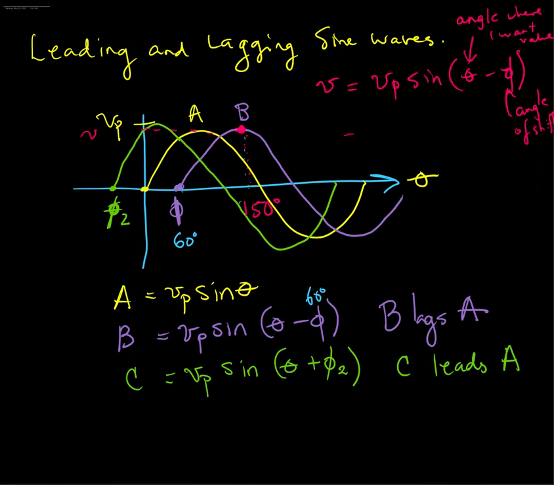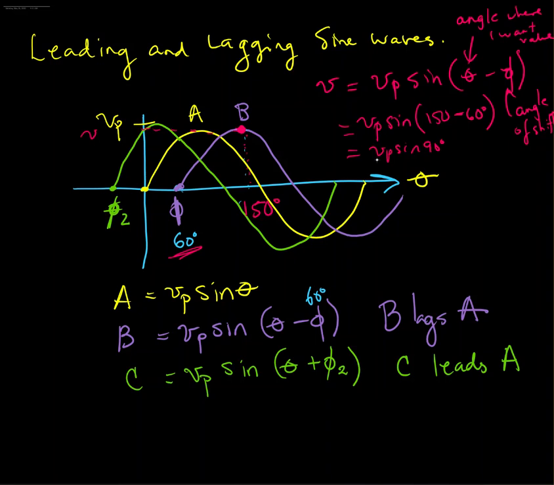So when I plug these values in, this is going to be Vp sine 150 minus 60, because 150 is where I'm calculating the value, and 60 degrees is how much this sine wave is shifted by. And so that's going to be Vp sine 90 degrees.